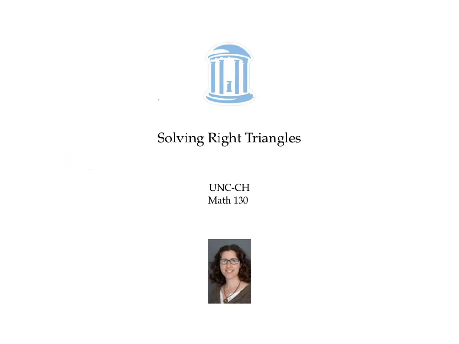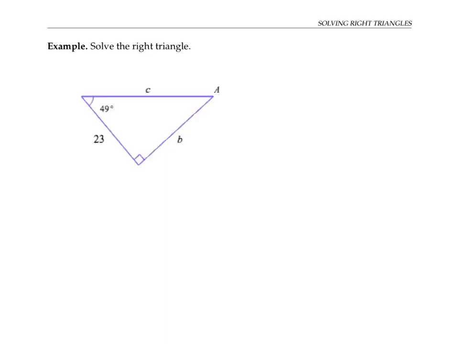Solving a right triangle means finding the lengths of all the sides and the measures of the angles given partial information. In this example, we're given the length of one side and the measure of one angle, plus we know the measure of this right angle is 90 degrees. We need to find the measure of the third angle, labeled capital A, and the lengths of the two sides, labeled lowercase b and lowercase c.